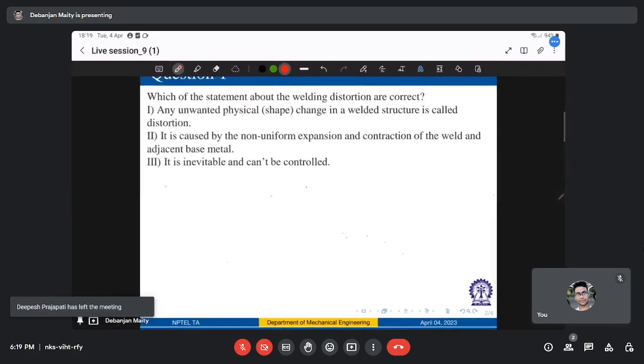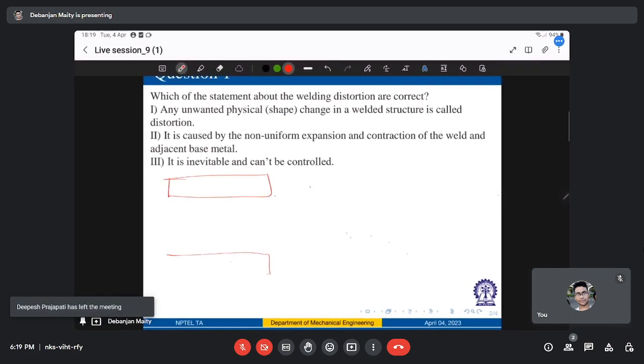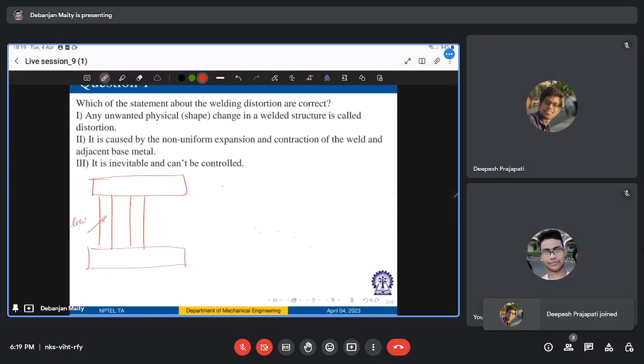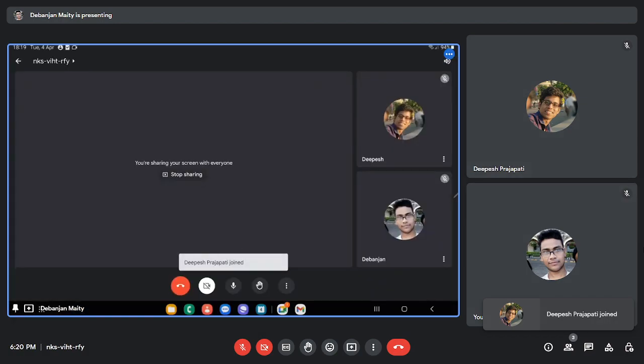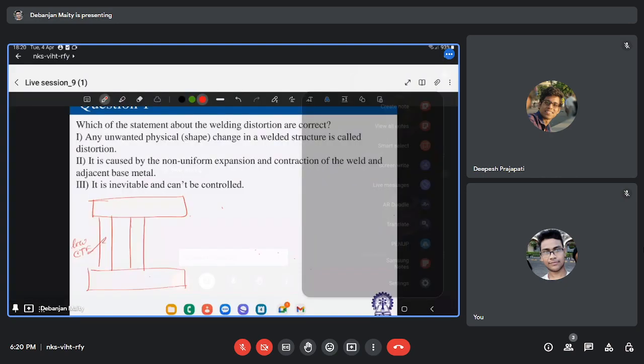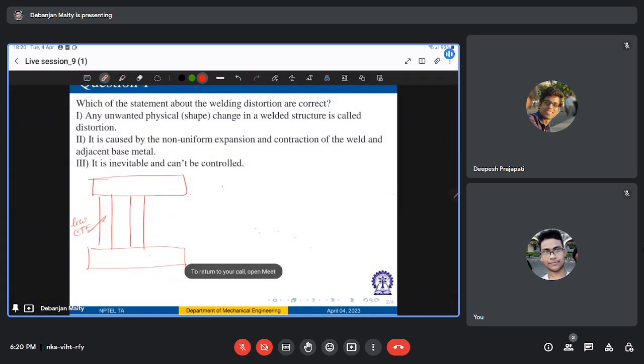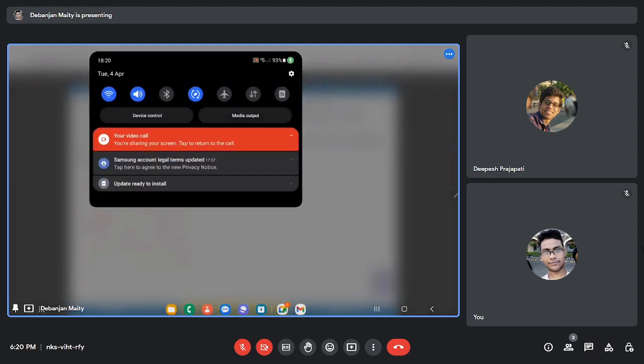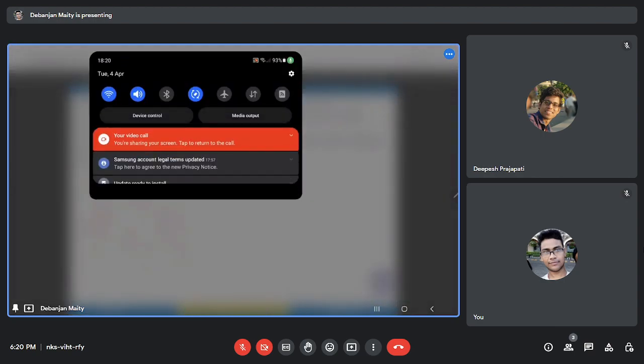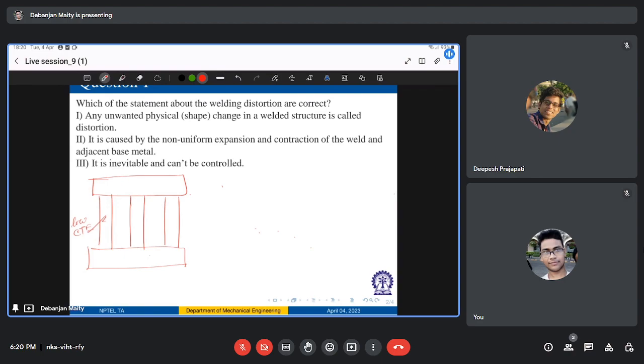So you have one middle portion, then here this one is having some low coefficient of thermal expansion, and then you have this, you have high coefficient of thermal expansion.